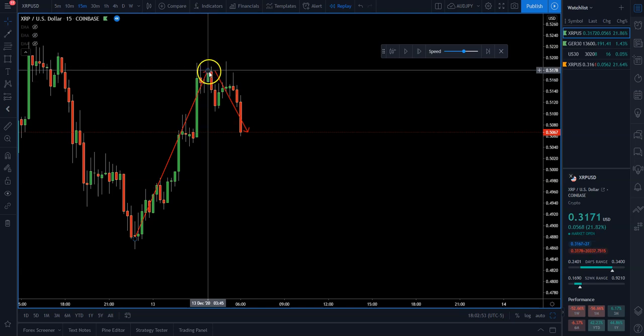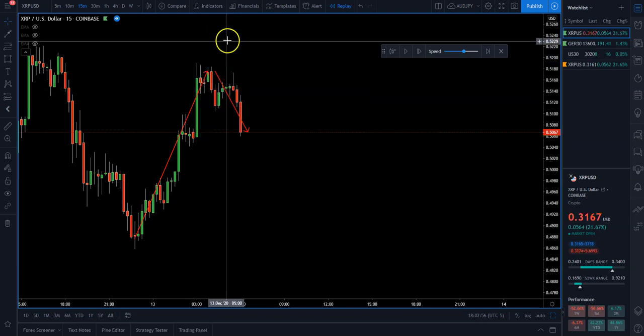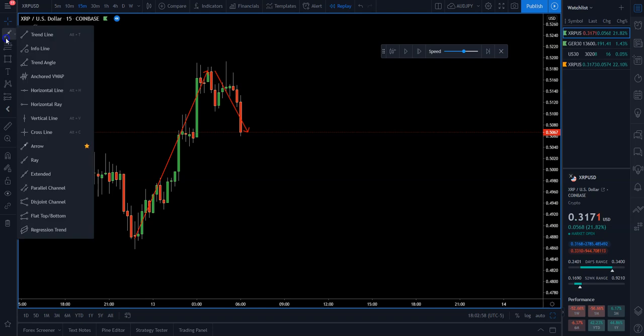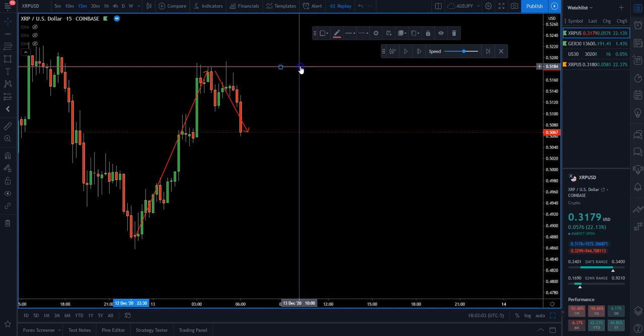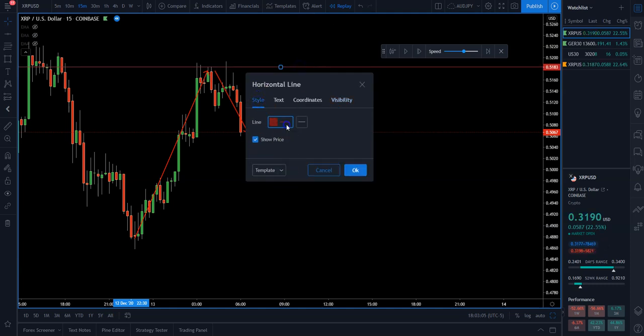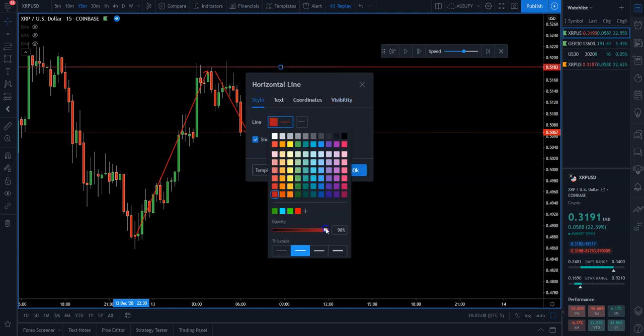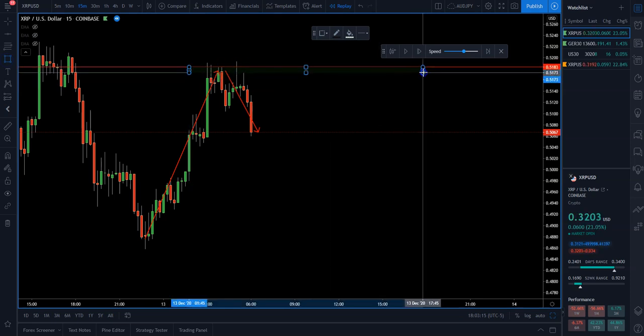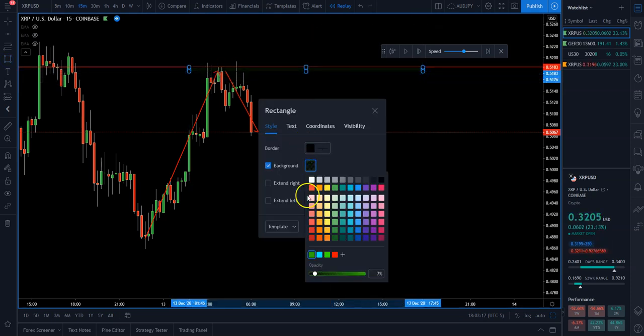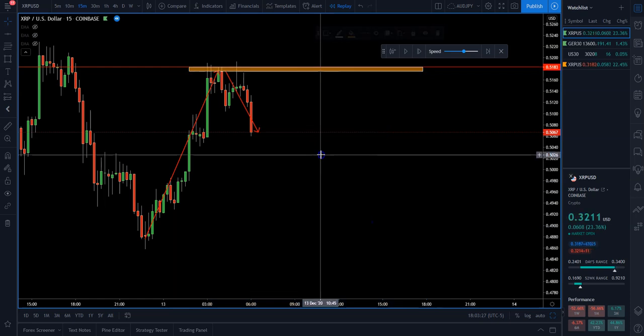As you can see here, you see all of these wicks. That means that it's being rejected. So this zone up here, this nice resistance zone right up here, is a strong zone.